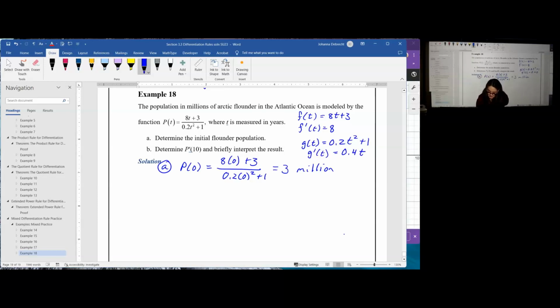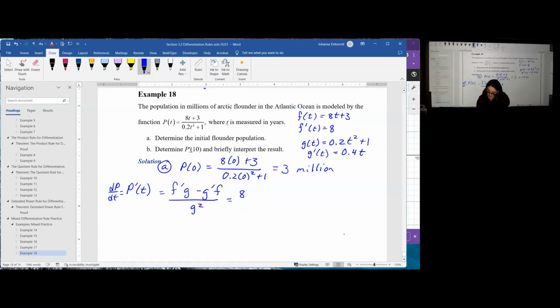Now I can put this into my quotient rule. The derivative of population with respect to time, written dp dt, is equal to f prime g minus g prime f divided by g squared.